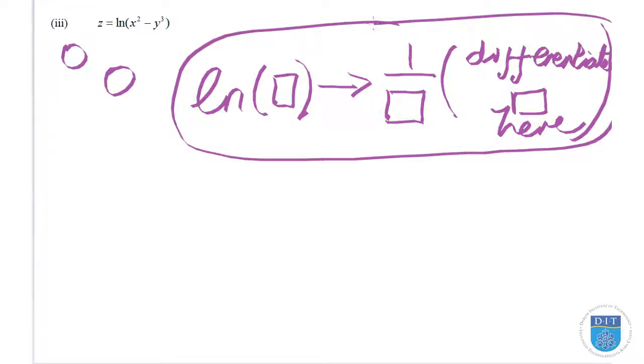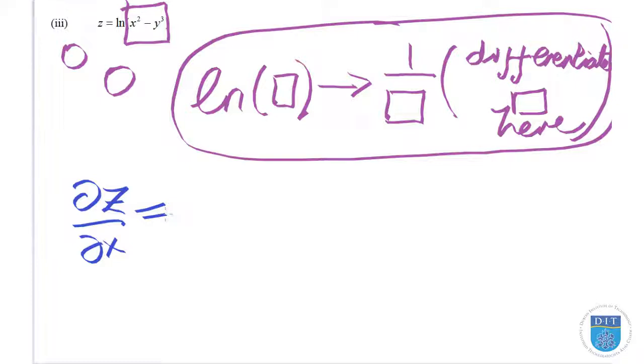Right, okay, so I'll do that over here. So del z, del x. Again, what's my box here? My box is the x squared minus y cubed, ln of box. It's not ln of x multiplied by that there. It's ln of that thing, right? So if ln of box is 1 over the box, or in other words, what is in the box?